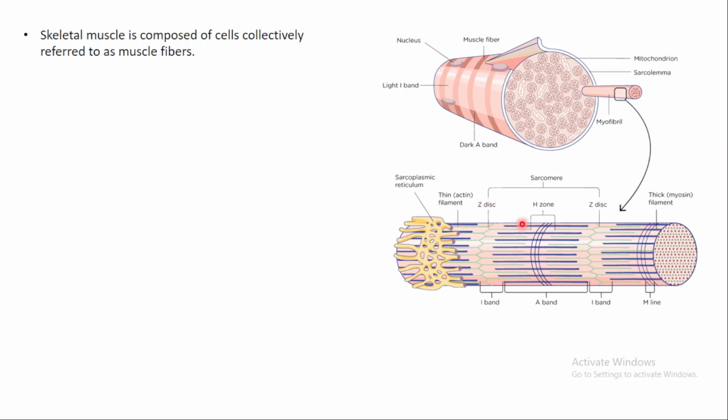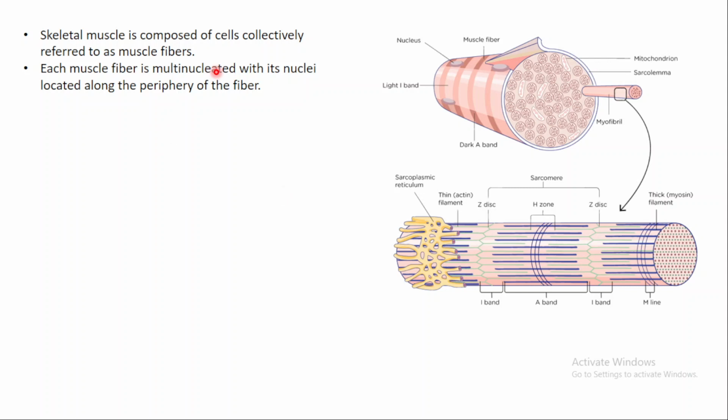All these patterns come along because of the arrangement of actin and myosin filaments on the myofibril. The thin actin filament is accompanied by thick myosin filament. The myosin head moves along the actin filament attached to it, and many different proteins are involved in muscle contraction. That's why we have these different kinds of appearances.